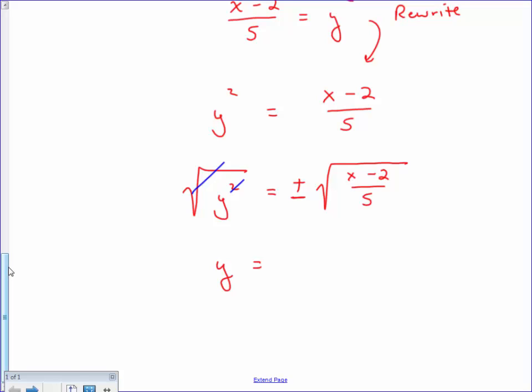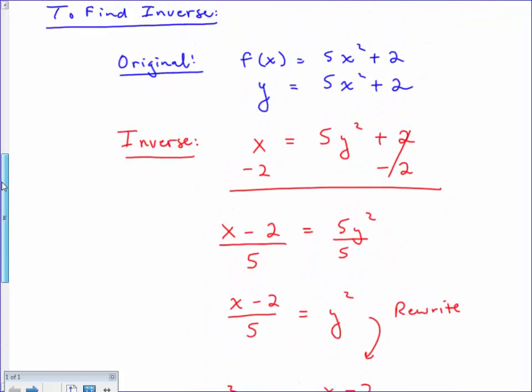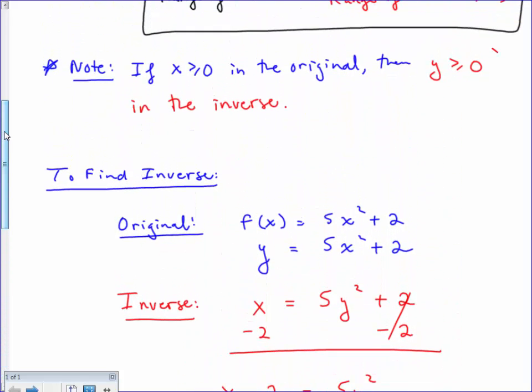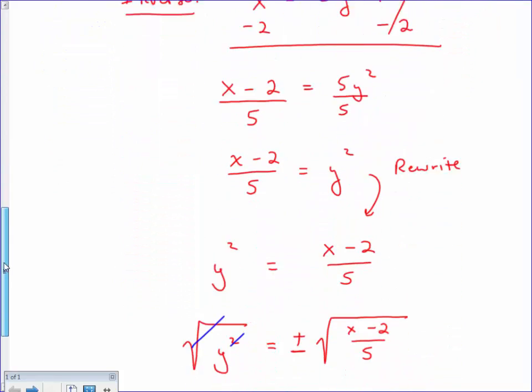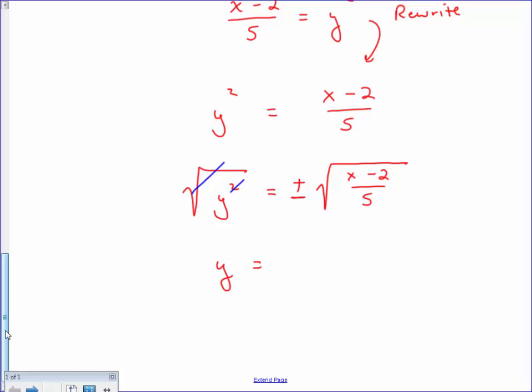Now notice that the left-hand side is y. What did we say about y? Y had to be greater than or equal to 0, meaning that our y's are positive. I cannot have two values for y down here. I cannot have a plus and a minus. So in the problem somewhere, it had to indicate to me which one of the two I'm going to choose. I'm going to choose the positive value because I was told that y had to be greater than or equal to 0.